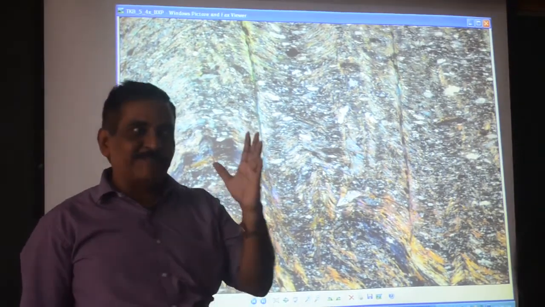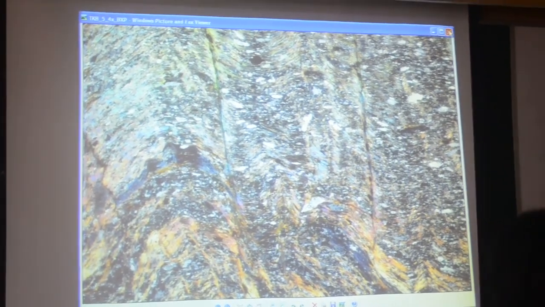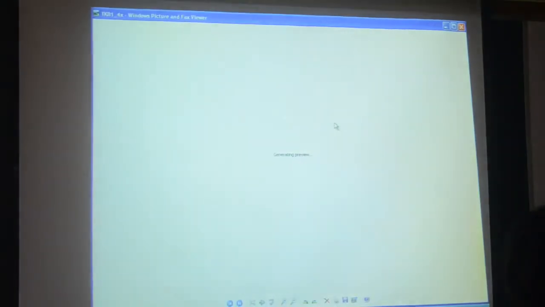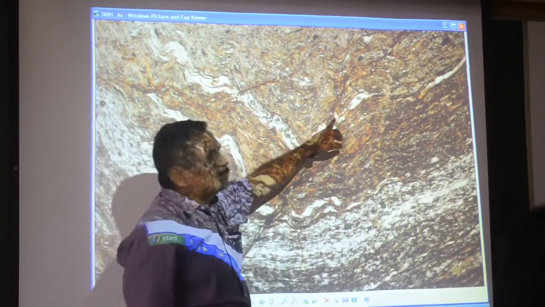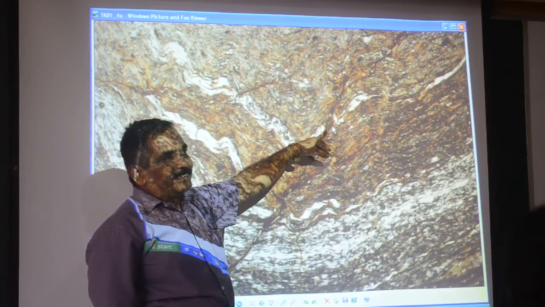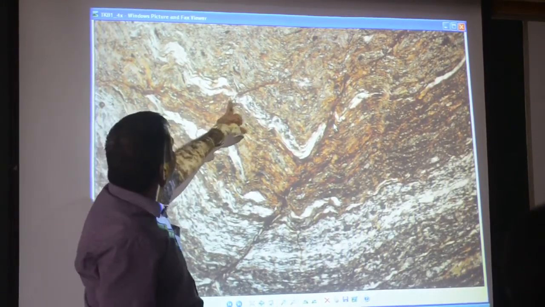It is not a very penetrative feature. You see some other photograph? Look at this. Can you see? Just like a fault, it has displaced these two units. Granulation cleavage: it is present somewhere, a little here, a little here, look.